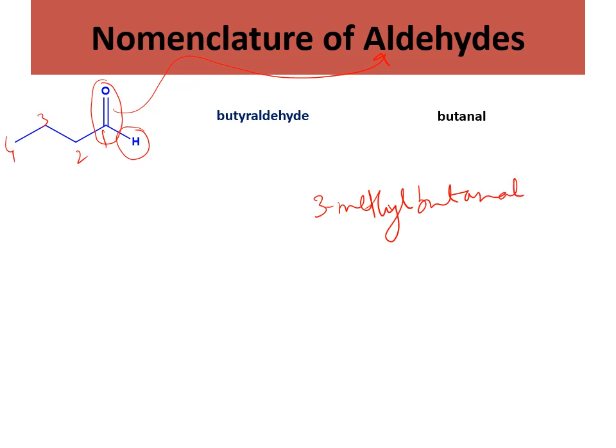When we get this kind of name, what we are supposed to pay attention to is the last part of the name, that is butanal. This will tell us how many carbons are there in the chain. So this butane word is telling us how many carbons are there. How many carbons do you have? 4 carbons.